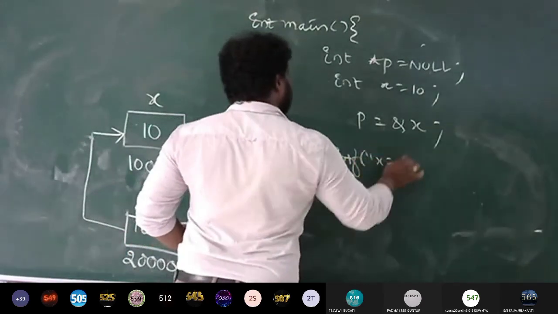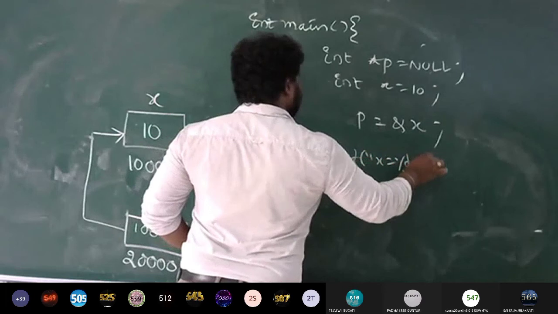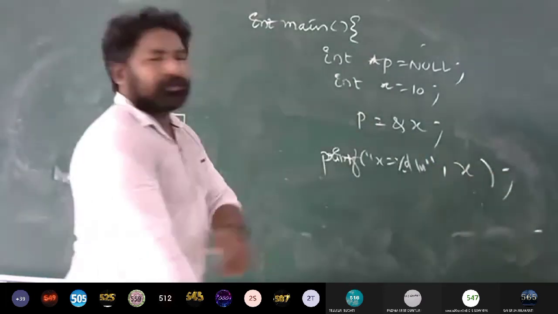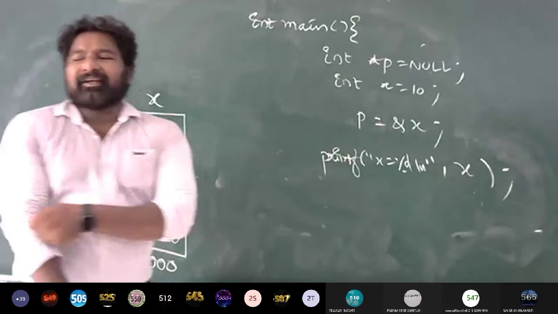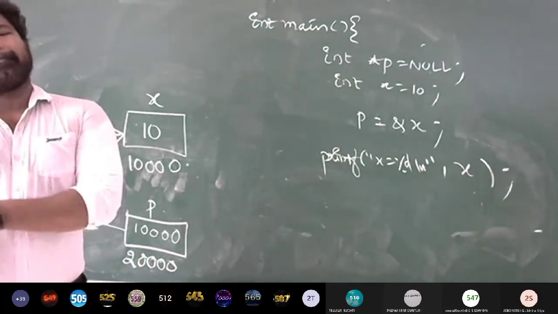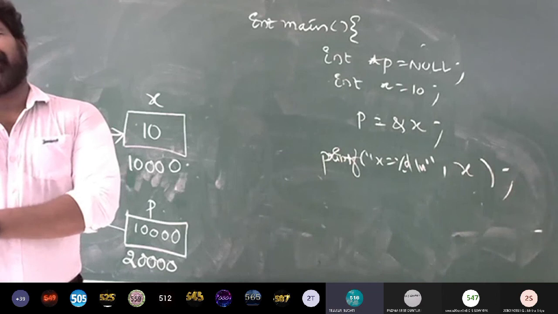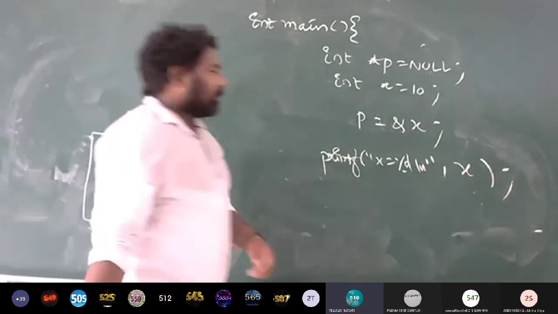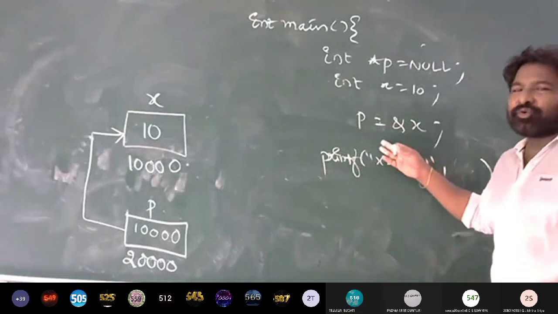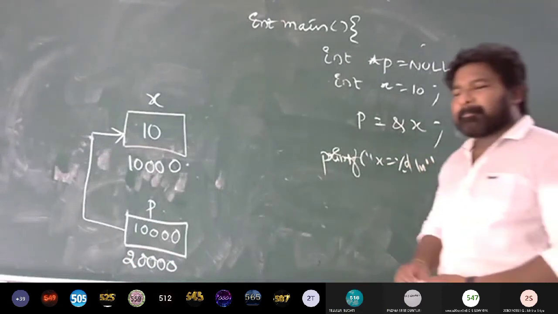Okay, printf X equals percentage d. Then X will give you the value of X. So that prints X equals 10, right? If I don't want to use X, how can I access it through P?